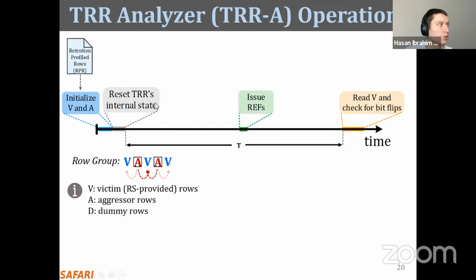Right? But normally if you do the reset operation here, we do not expect these victim rows to be refreshed by the TRR mechanism, assuming that this reset step is done properly.